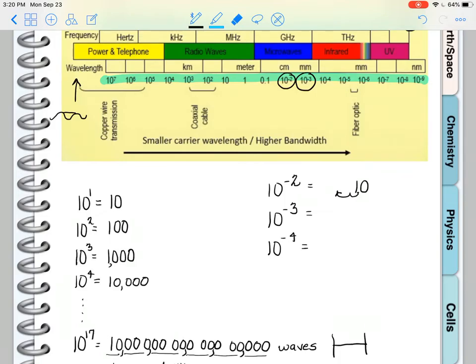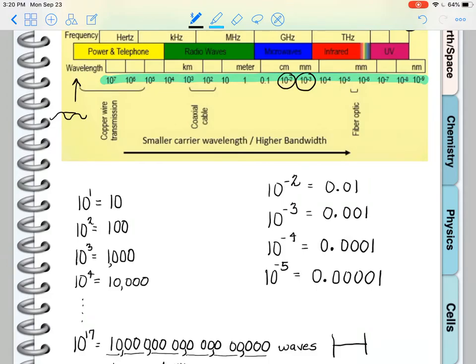So let me not do that. That's going to get confusing. Here's 10 to the negative 2. 10 to the negative 3: 1, 2, 3. 10 to the negative 4: 1, 2, 3, 4. 10 to the negative 5: decimal, 1, 2, 3, 4, 5.